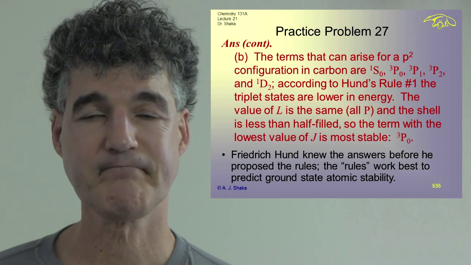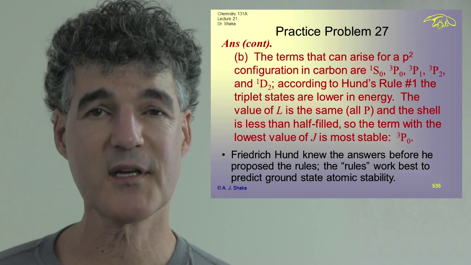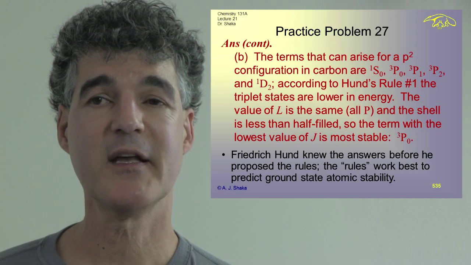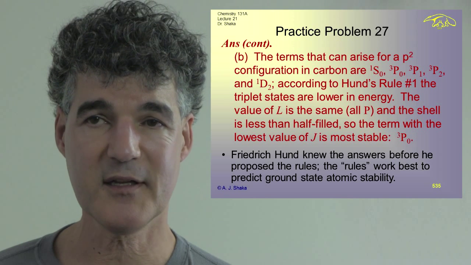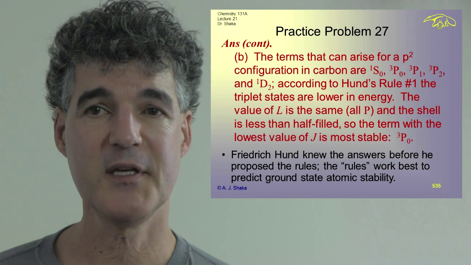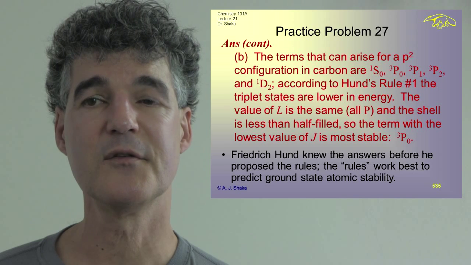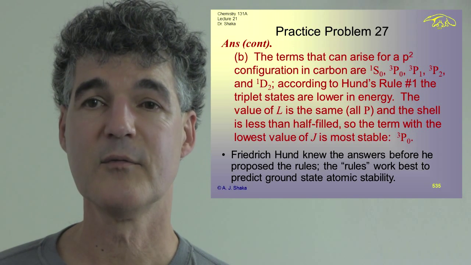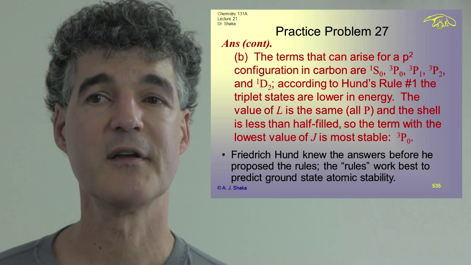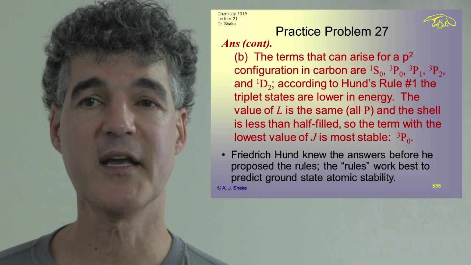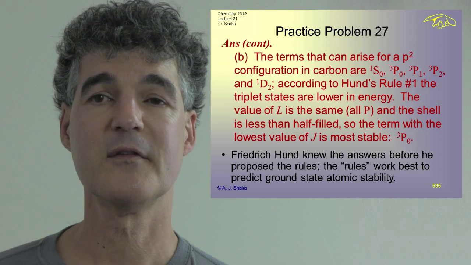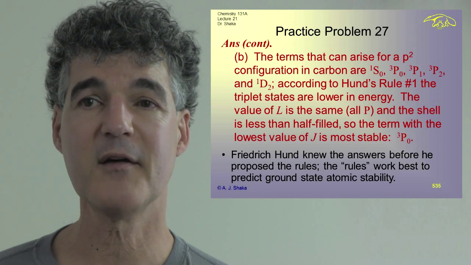With carbon, we have to figure out the terms that can arise with a p squared configuration, and the terms that can arise are singlet S0, triplet P0, triplet P1, triplet P2, and singlet D2. Now we look at all these. Well, according to Hund's rule number 1, the triplet states are lower in energy. So it has to be one of the triplet P states. The value of L is the same in all of them because they're all P. So we don't have to worry about different kinds.